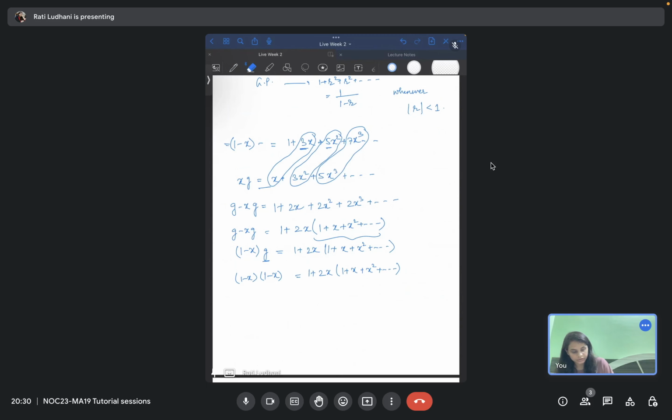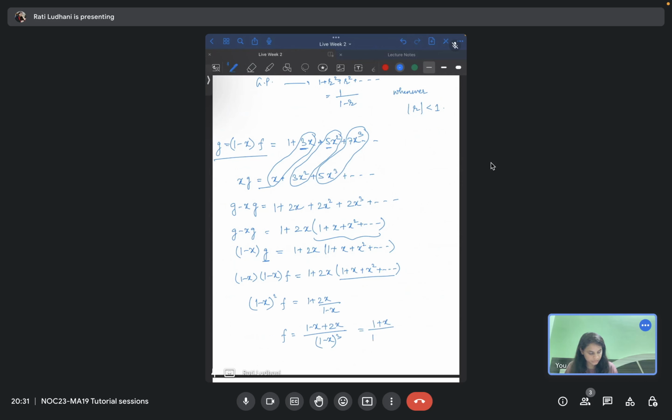This was the value I am using. So this is like 1 minus x square f, 1 plus 2x, and you can use 1 minus x here, because these are inverses to each other. So I can write 1 by 1 minus x, and f will be like 1 minus x plus 2x by 1 minus x, and that's just the calculation. So f should be like this.